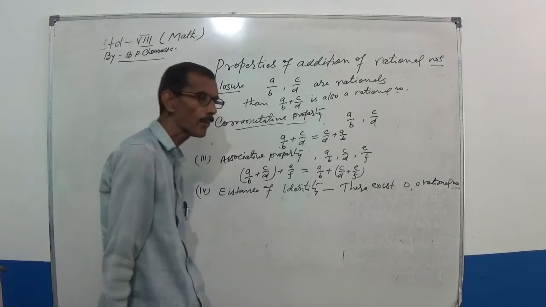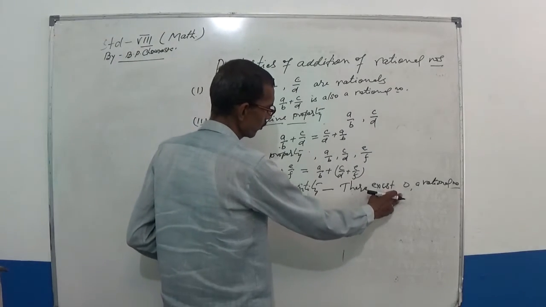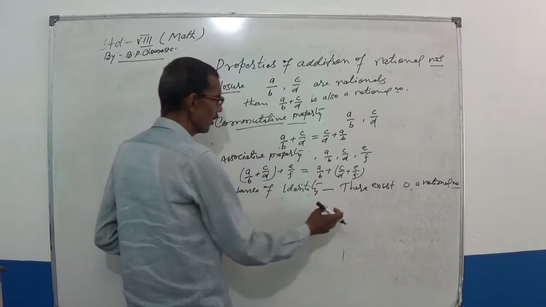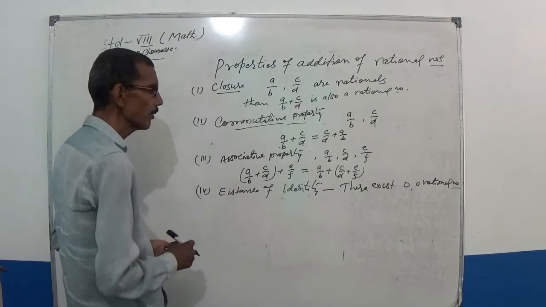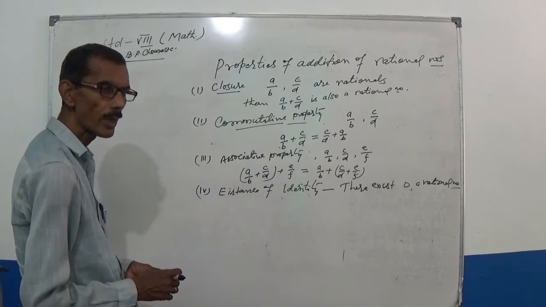Already zero is a rational number, and if you add zero to any rational number, its value does not change.